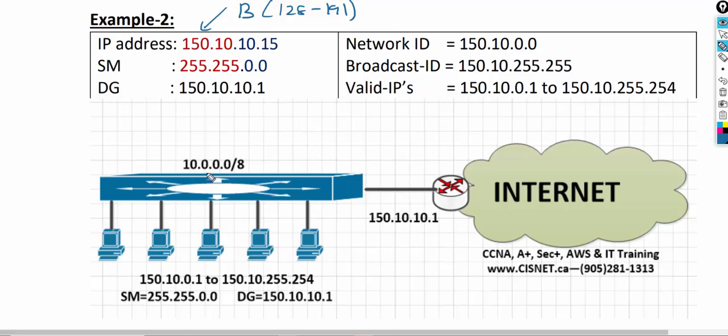The network ID should be 150.10.0.0. This comes from the previous example; I had to change it. The valid IPs are 150.10.0.1 to 150.10.255.254. Then this is the subnet mask and this is the default gateway, then they go to the internet.